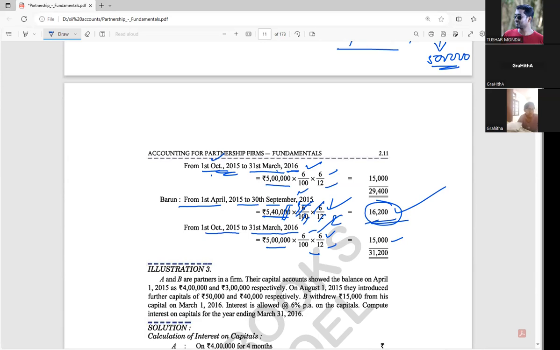What is going on here? Here 15,000 and here 16,200. Varun's is 16,200, correct. And here Varun's 15,000 again. Now adding Varun's all interest on capital combined, 16,200 plus 15,000 is 31,200.